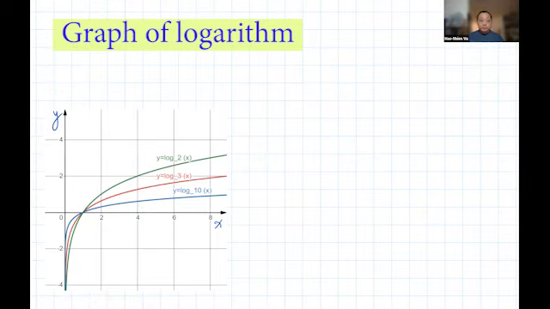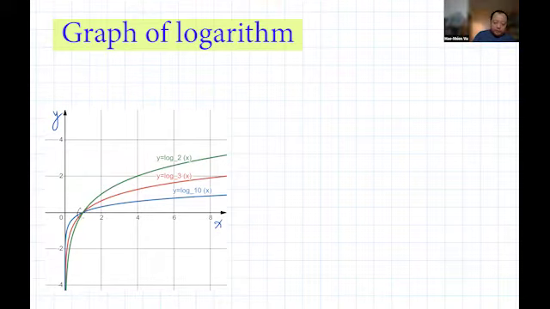If you graph the logarithm function, you get these. I couldn't type the subscript in decimals, so I used underscore to denote the base. The top graph in green is log base 2 of x. The middle graph in red is log base 3 of x. And the bottom graph in blue is log base 10 of x.